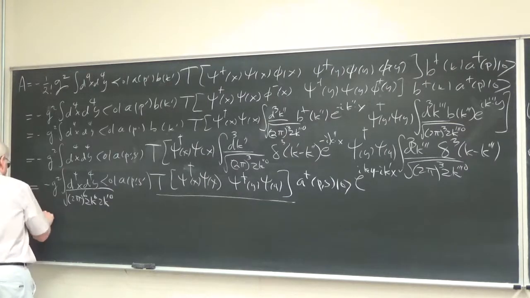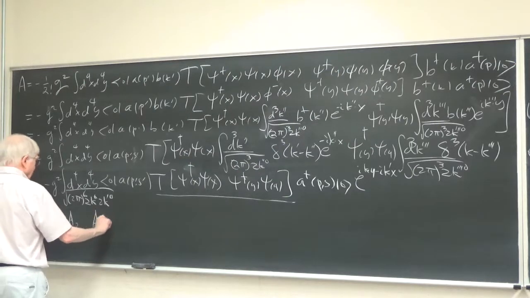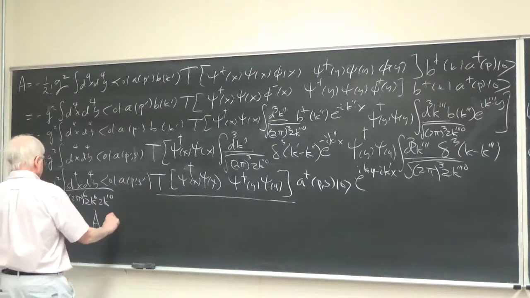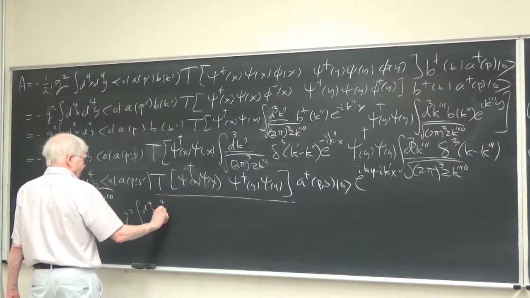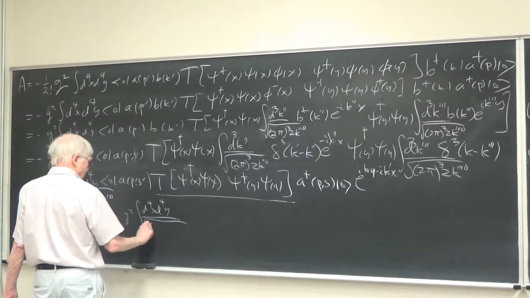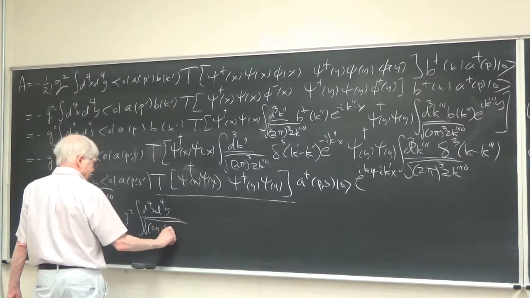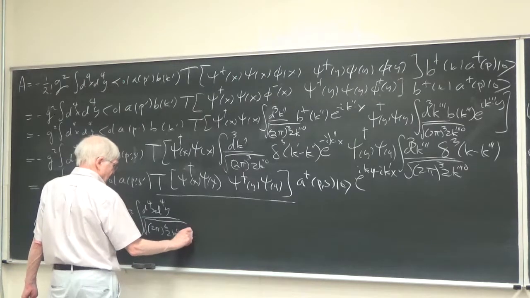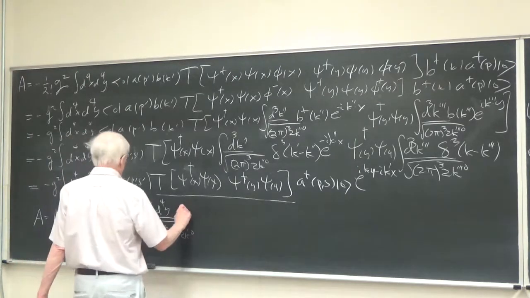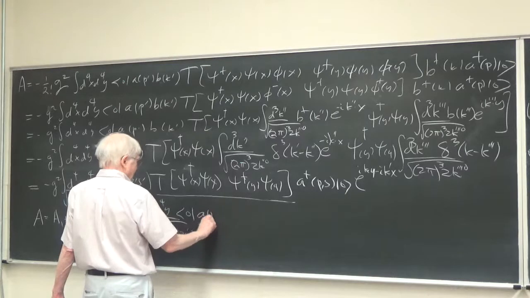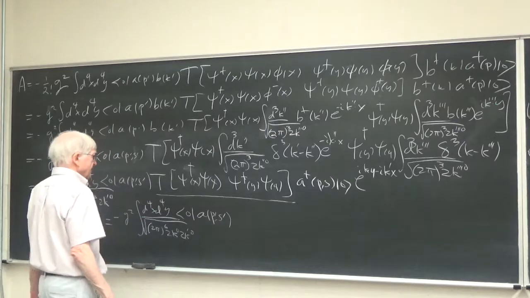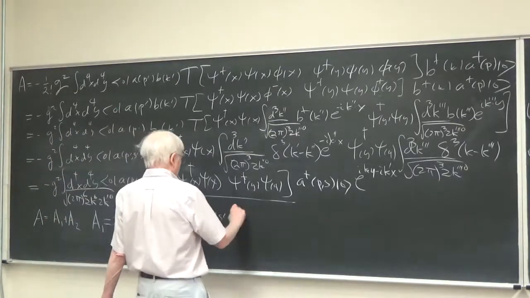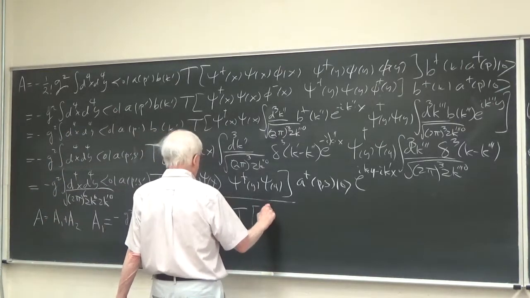But so let's just write them as A equals A1 plus A2. And we'll say that A1 is the simple case where this is minus g squared over d fourth x, d fourth y, root 2 pi to the 6, 2k0, 2k prime 0, 0 a of p prime s prime, and I'm just going to do the time ordered product.